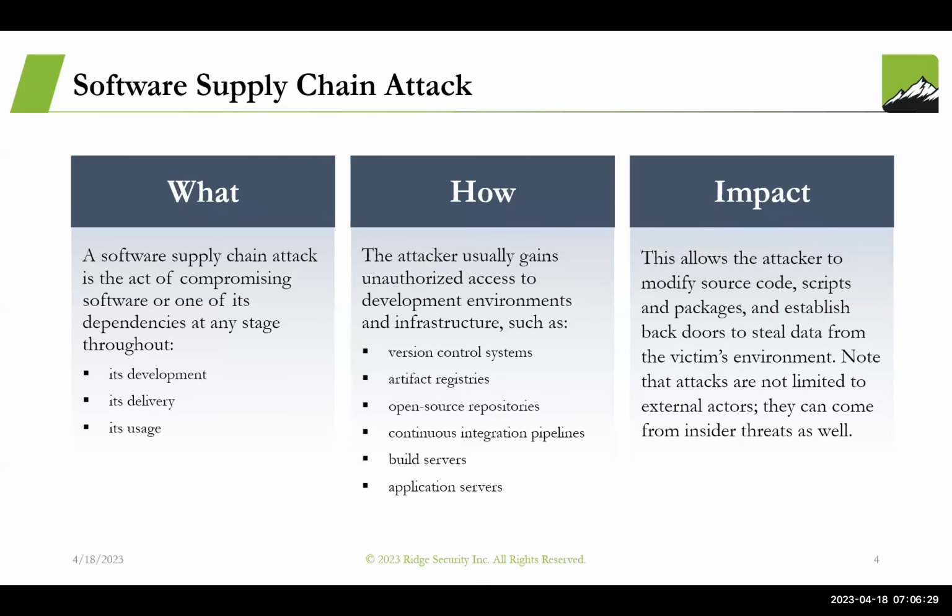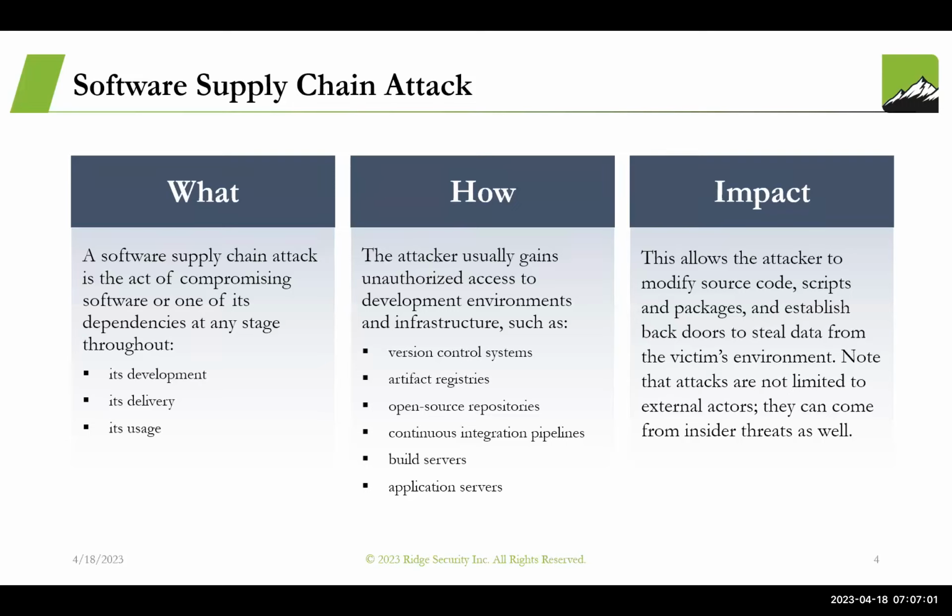So let's take a look at what exactly a software supply chain attack is, how it operates, and what kind of impact it has. A software supply chain attack is the act of compromising a software app or one of its components, one of its dependencies, during the development cycle, during delivery, or during its usage. So how does such an attack happen?